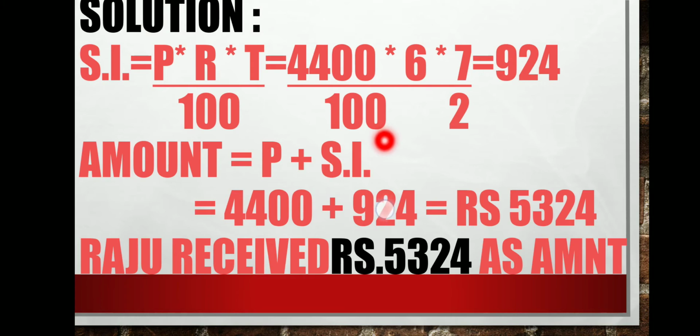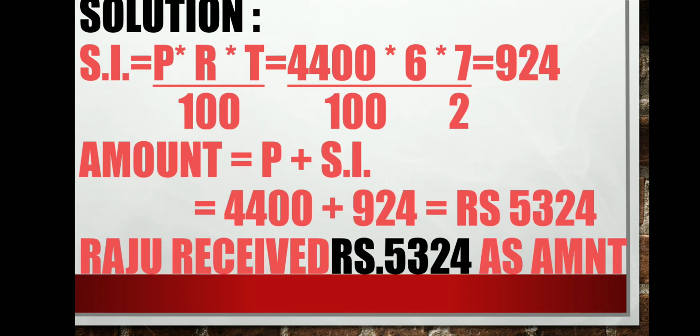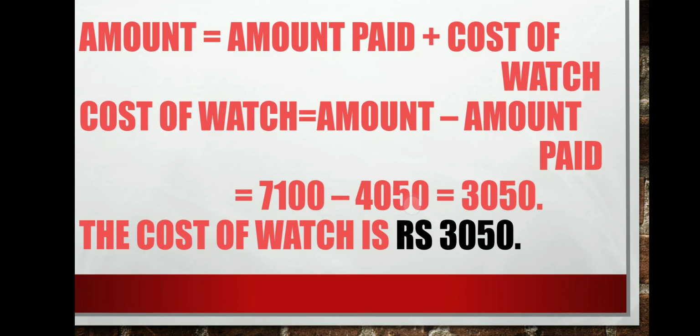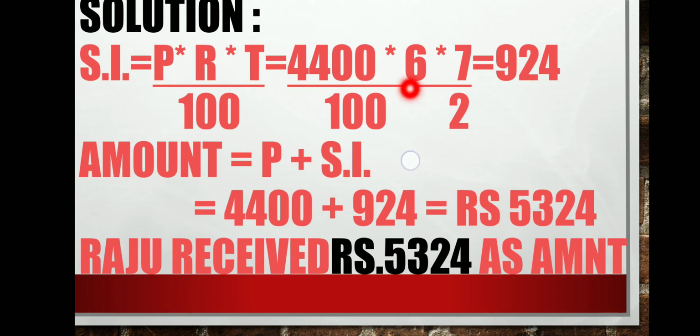Where has this 7 by 2 come from? 3 whole 1 by 2 has become 7 by 2, divided by 100. So simple interest is 924.